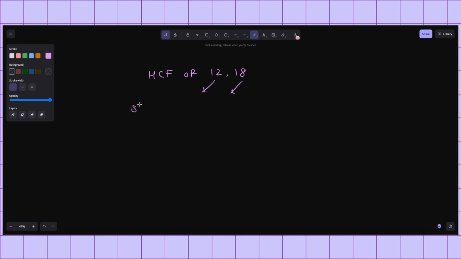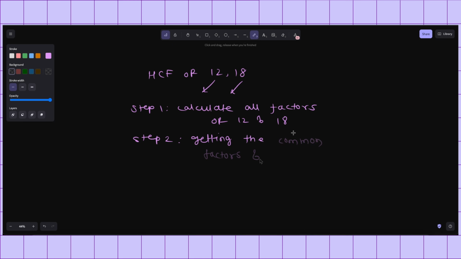Step one is to calculate all factors of 12 and 18, then step two is getting the common factors and selecting the highest one.